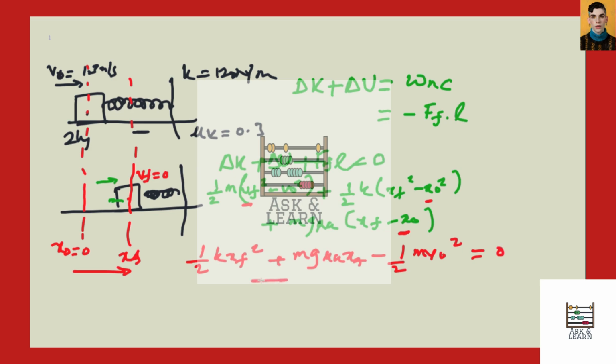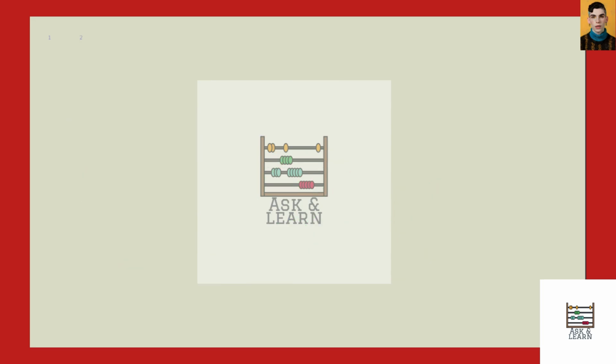As you can see, this equation is a quadratic equation of the form ax squared plus bx plus c, with the constant c being minus half m v naught squared. So we'll solve this quadratic equation by the formula x equals minus b plus or minus the square root of b squared minus 4ac, over 2a.